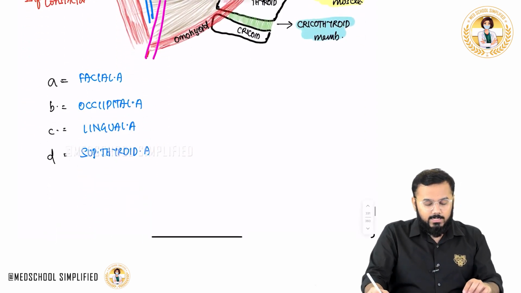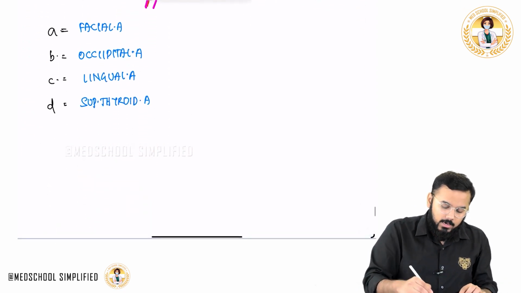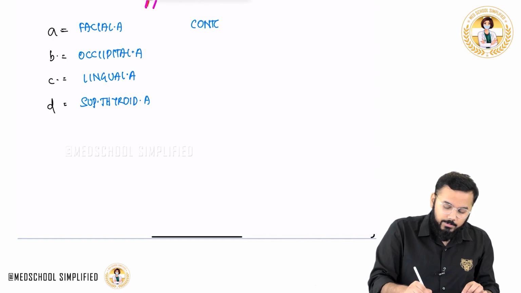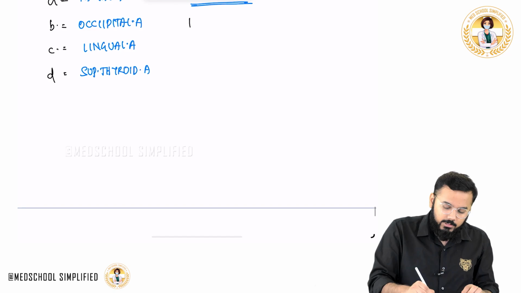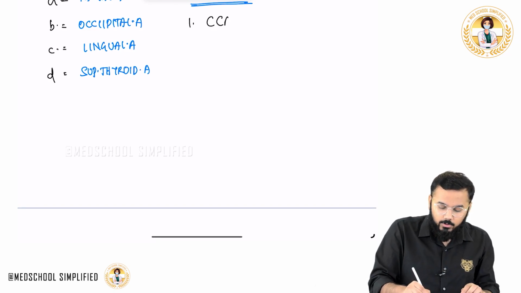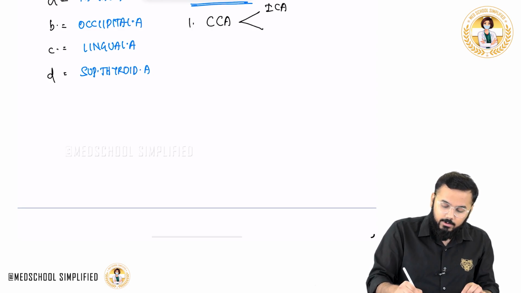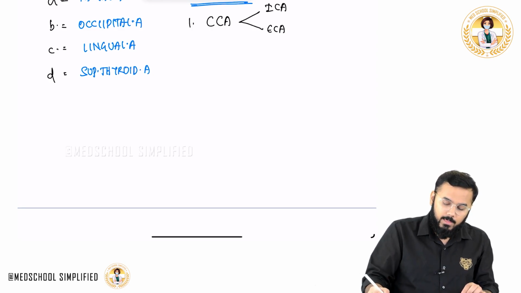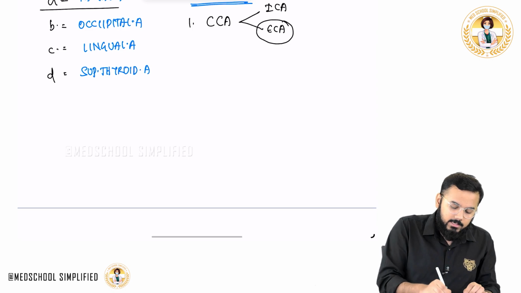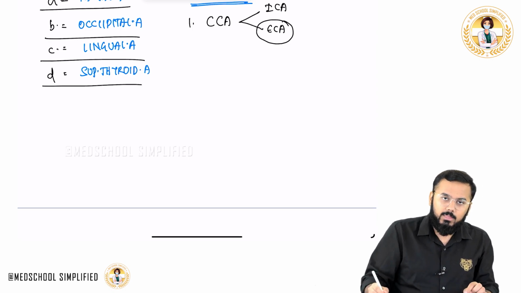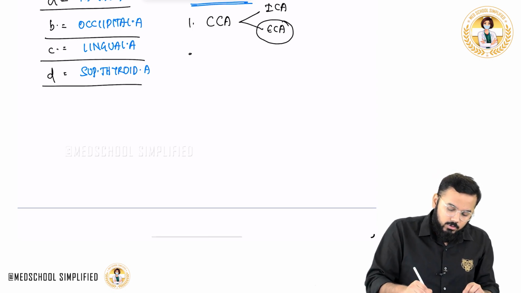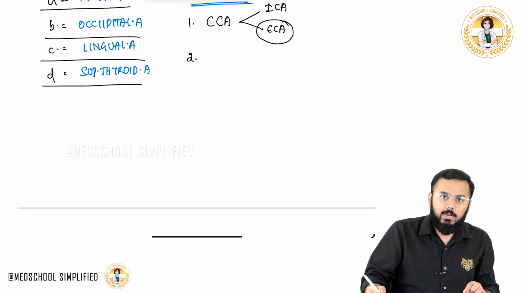So let us write down what the contents are. Even if you don't remember the picture, these will be enough. The first important thing is your common carotid artery, which divides into the internal carotid artery and external carotid artery. Then the branches of the external carotid artery; there are many other branches, but these are the branches present within the triangle.